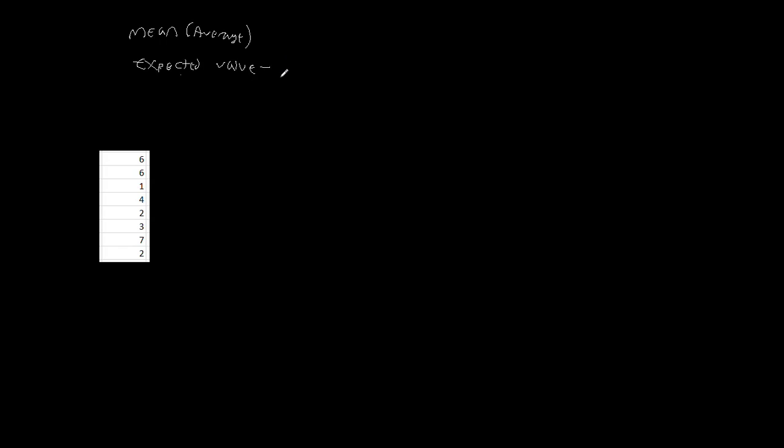So if you were putting a bet down on drawing a number out of a hat, and you knew the mean of all of the numbers in that hat, the best place for you to place your money would be on that mean, because that's typically the center of the data set, and it generally represents the value that you're most likely to see, or the value that most numbers are going to be closest to.